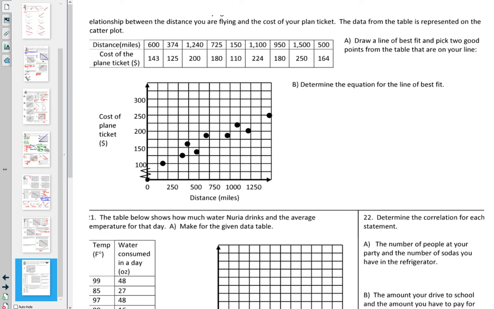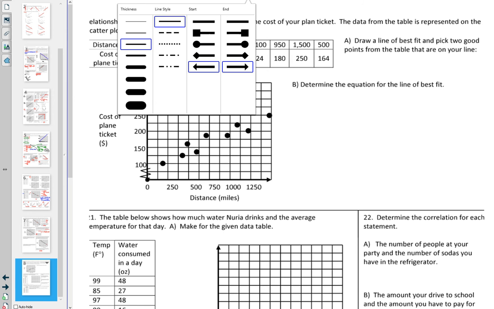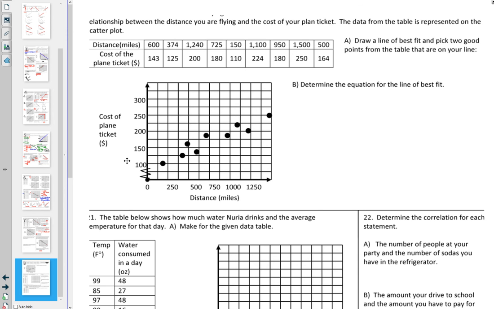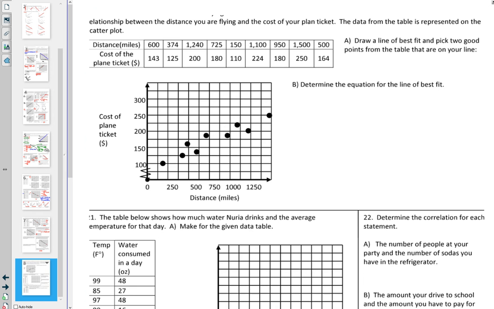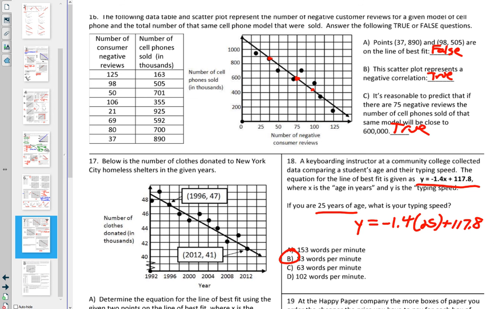All right, this will be the last one for the day. And if you want to do any of these on your own, that's fine. But let's just do this top one. Let's draw the line of best fit here. Is there a 0 point? So line of best fit.